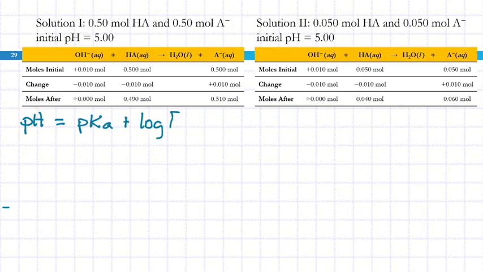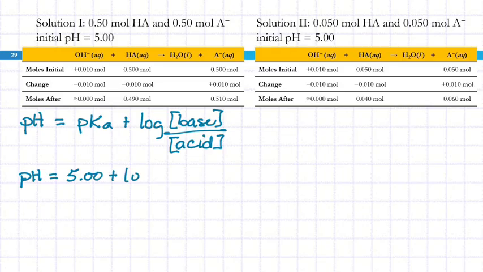So we're going to use the Henderson-Hasselbalch equation again. It's very rare that you can't use this for a buffer solution. But if you don't like the equation, you could always do the equilibrium problem. So pH is going to equal the pKa, which is still 5, plus log of the base, 0.510 moles in a 1 liter buffer is 0.51 molar.